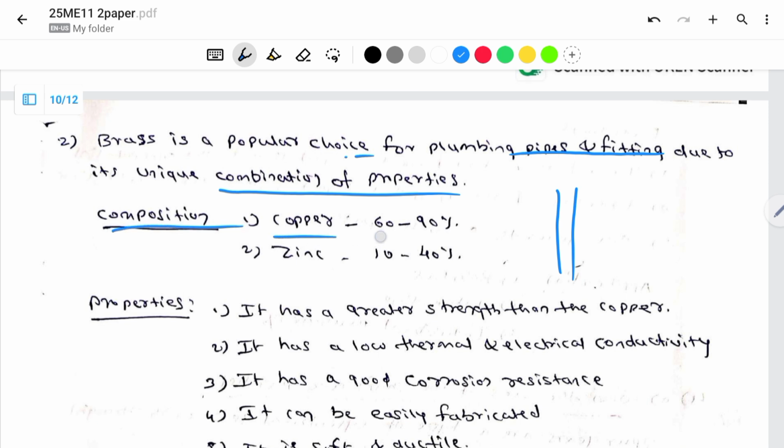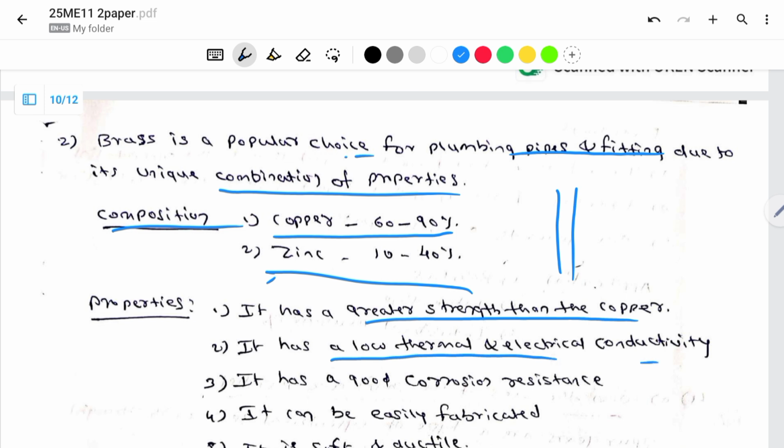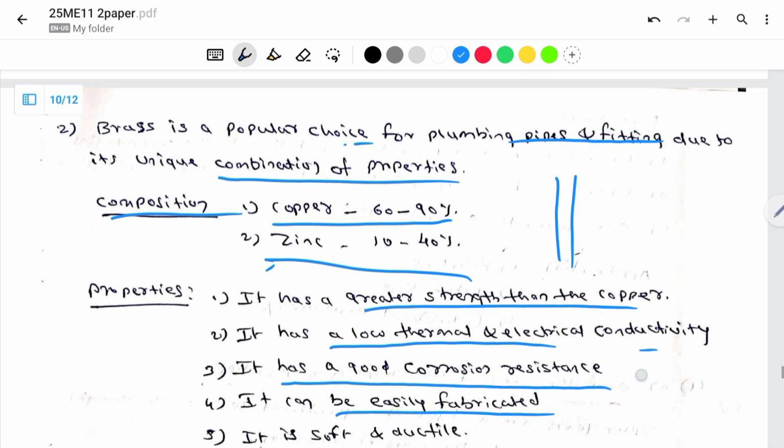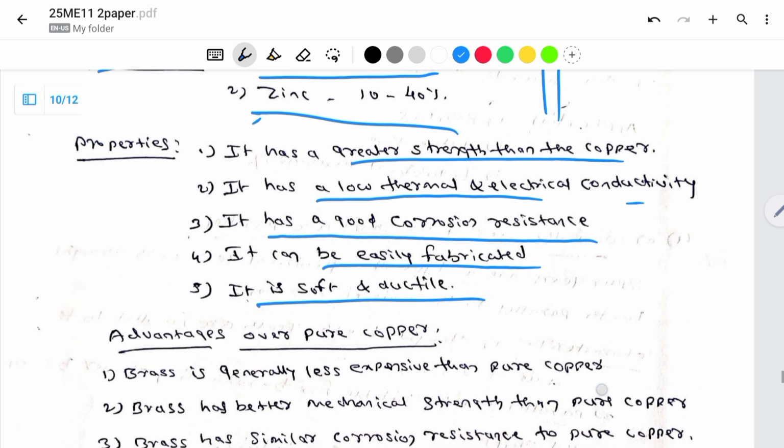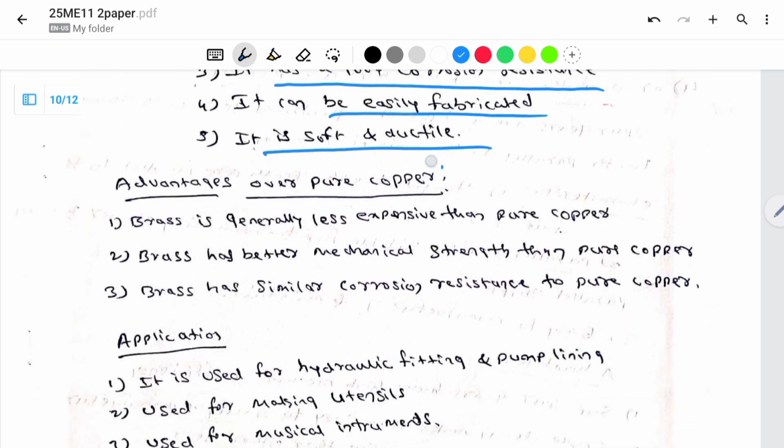The composition is copper this much percent and zinc this much percent. Properties: it has greater strength than copper, low thermal and electrical conductivity, and good corrosion resistance. We can easily fabricate and machine it, and it is soft and ductile. What is the advantage over copper?